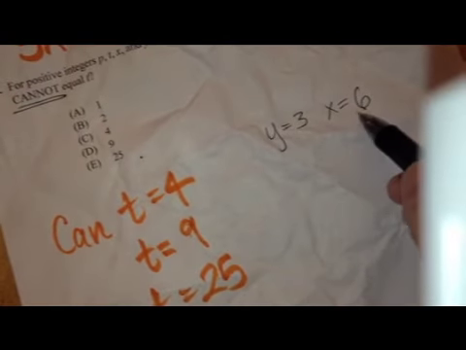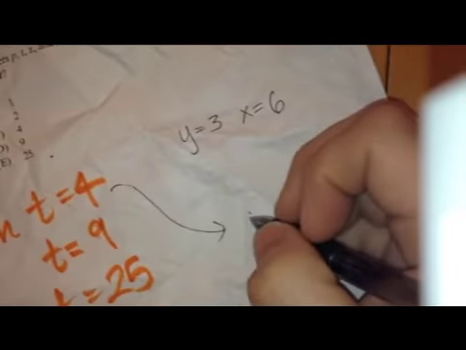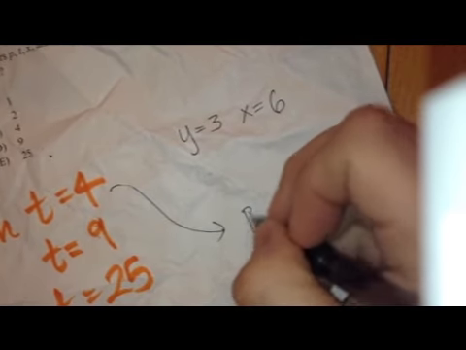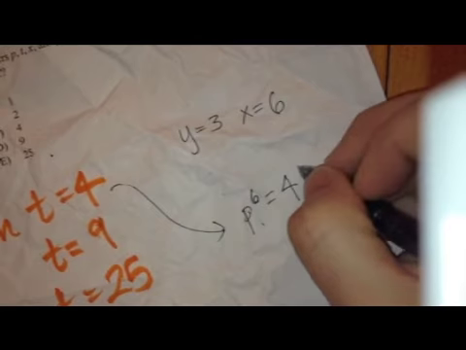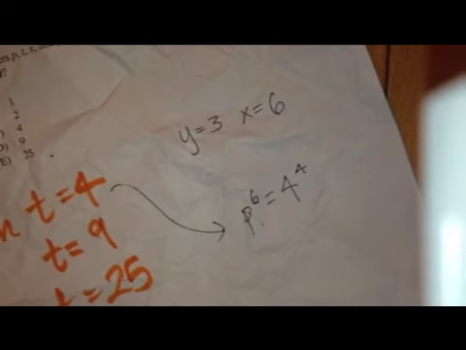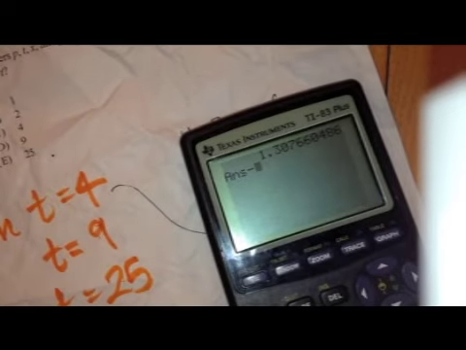Okay? When I look at this now, I can say, for example, t to the 4, I can say, p to the 6th equals 4 to the 4th power. Here's where my calculator comes in.